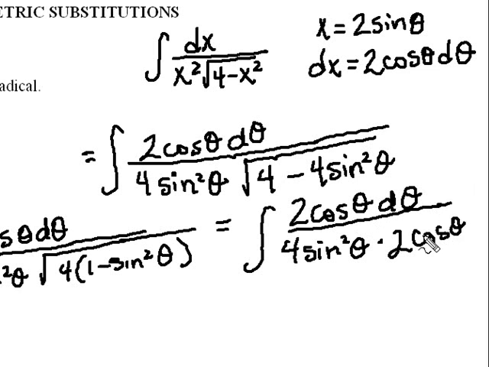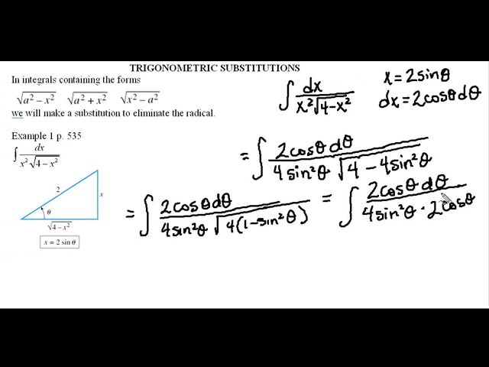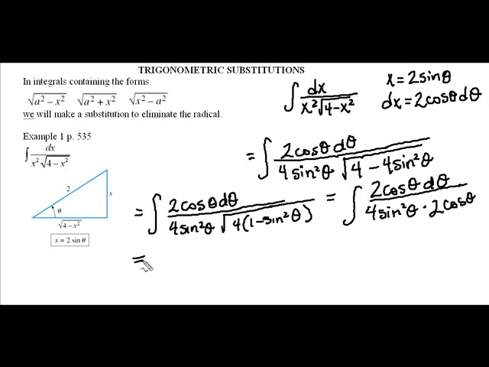So we're going to have the integral of, now the cosine of thetas are going to cancel as well as the 2's. So we're going to have d theta over 4 sine squared theta, which is 1/4 the integral of cosecant squared of theta d theta.